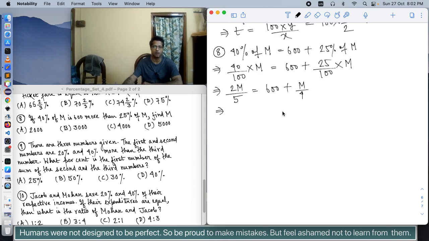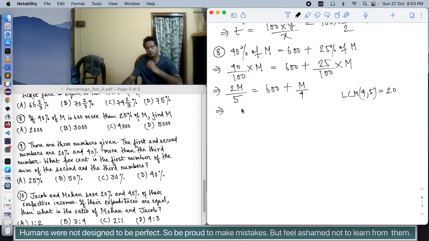In this equation, we have two rational terms, 2m by 5 and m by 4. The denominators are 5 and 4, and the LCM of 4 and 5 is 20. So we would like to multiply both sides by 20.